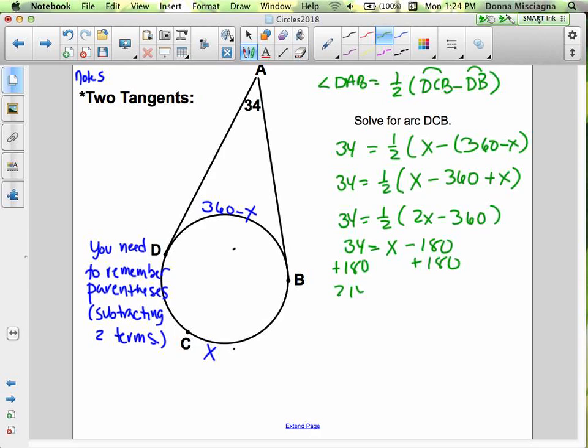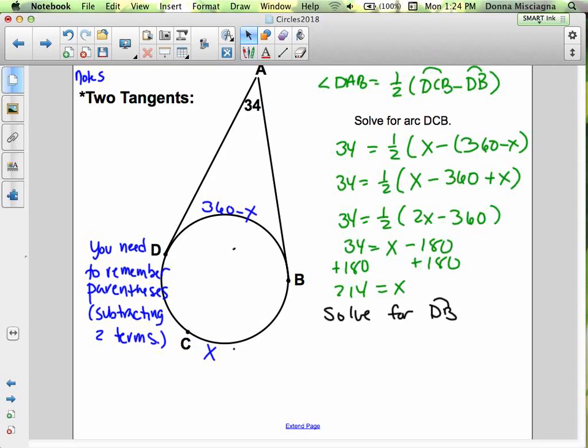And then if this problem had said to solve for DB like it originally said, let's solve it one more time, but let's switch it up and solve for DB.